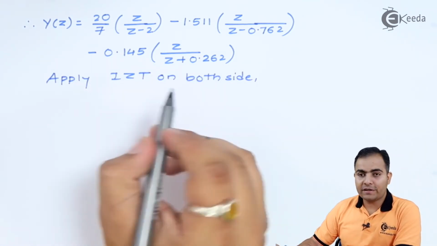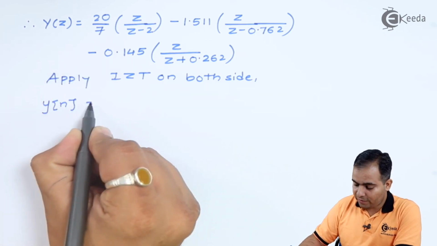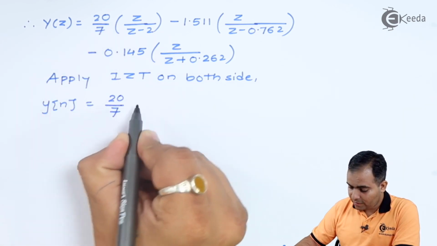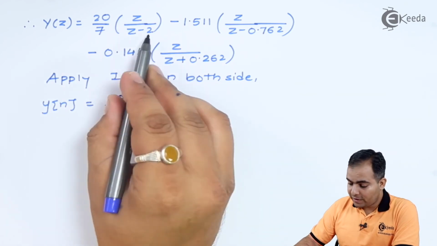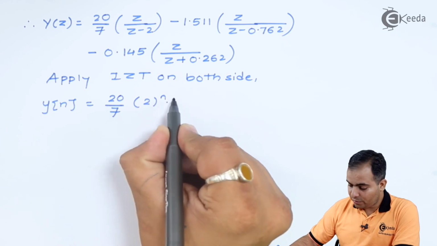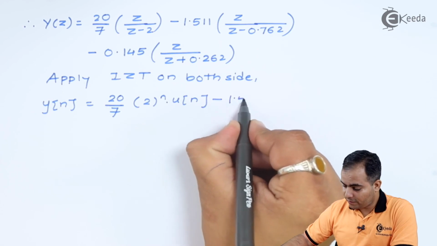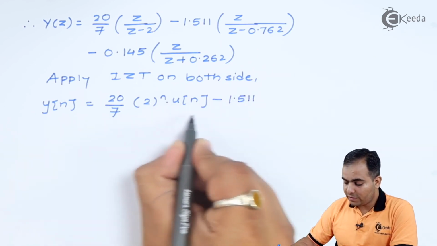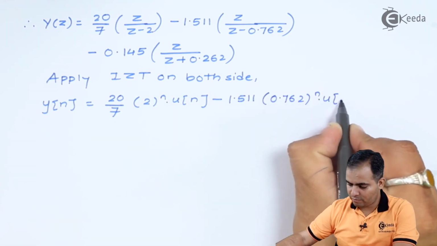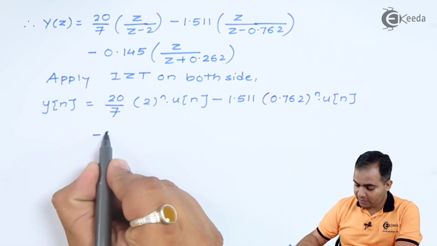So by applying inverse Z transform on both sides, this Y of z can be written as Y of n. First of all the constant term, which is 20 by 7. Now z upon z minus 2. Here my a value is 2, so I can write 2 to the power n into u of n. Again the constant term, which is 1.511. Now this response is obtained just because of 0.262 raised to n into u of n, and the last one, that is minus.